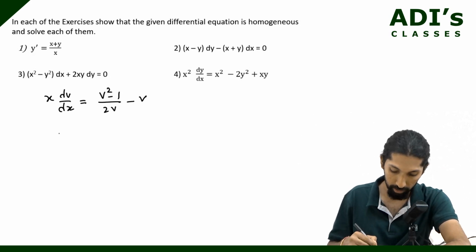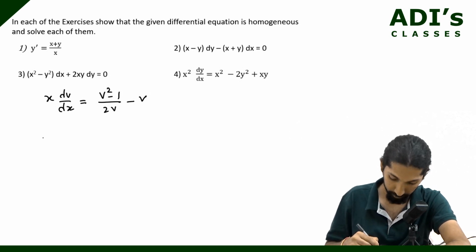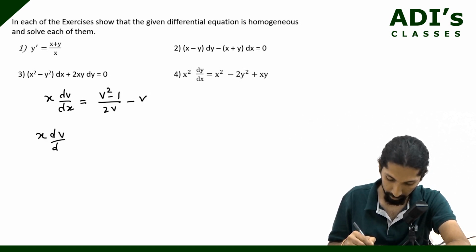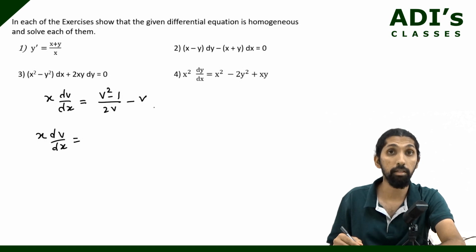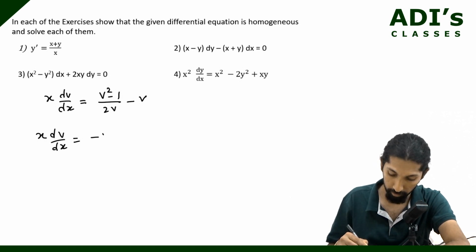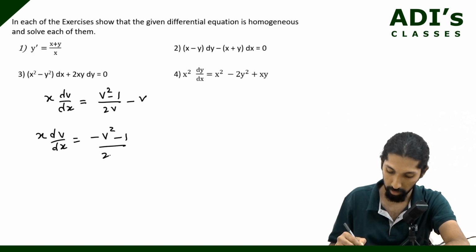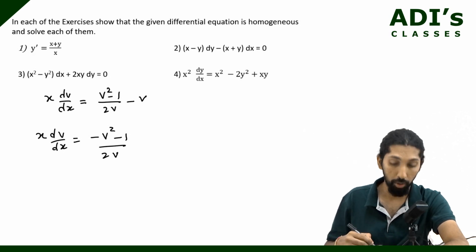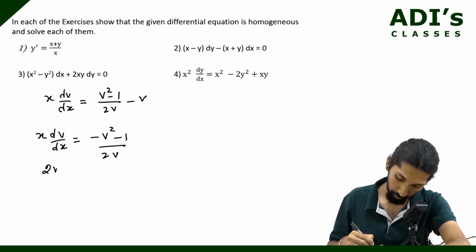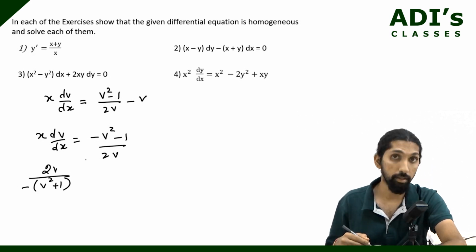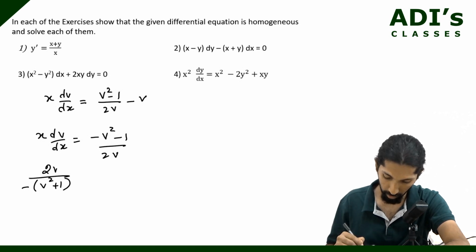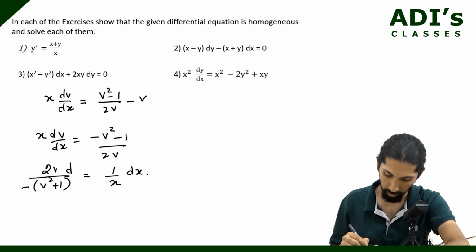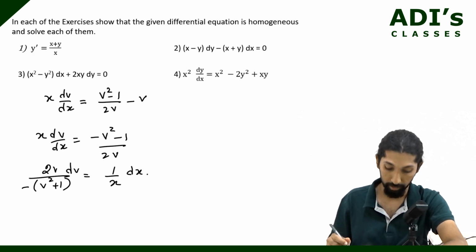So take it to the other side, basically LCM, x into dv by dx, v square minus 2v square is minus v square, correct? 2v divided by minus of v square plus 1 is equal to 1 by x dx. Sorry, here we have dv. So this is what we have.